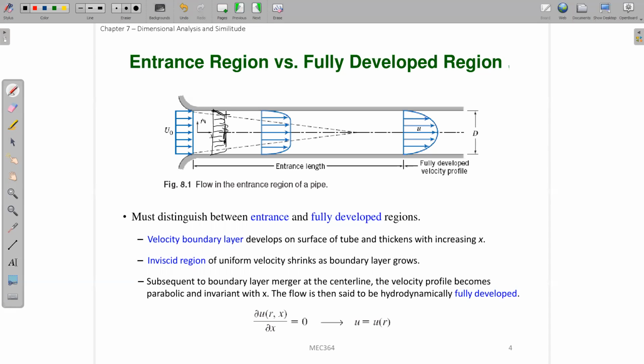If this viscous region does not affect the region in the middle, the value there will still be equal to U0. This thin layer, generated due to the wall friction, we call the boundary layer.